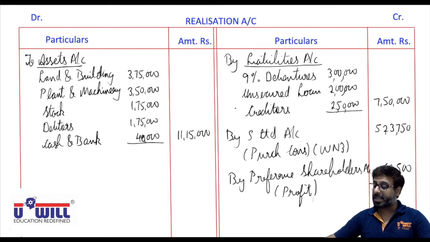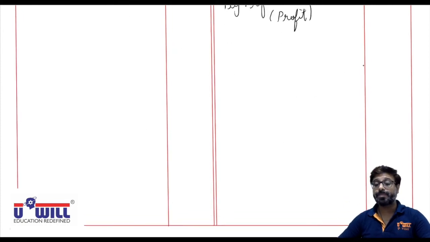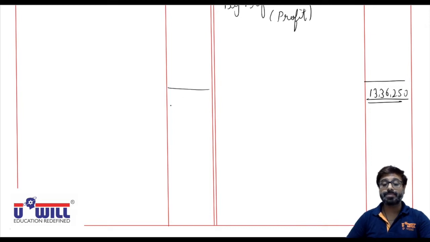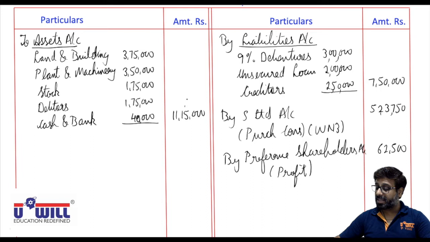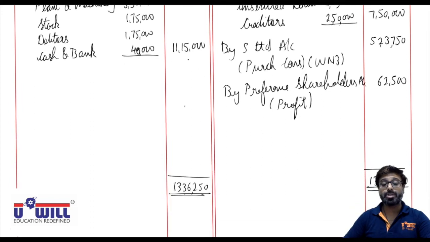That comes to 13,36,250, both the sides. Minus 11,15,000. So that comes to 2,21,250.